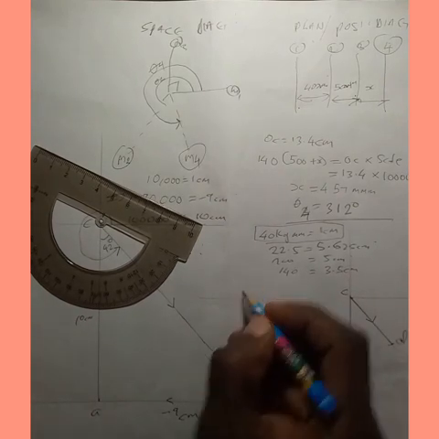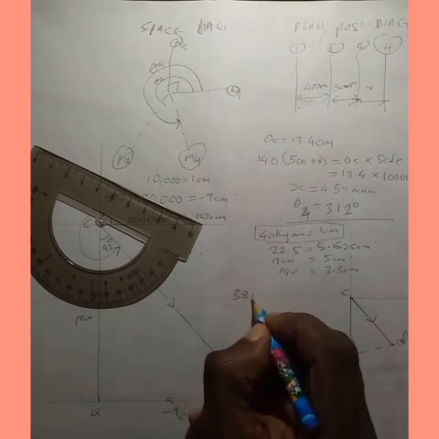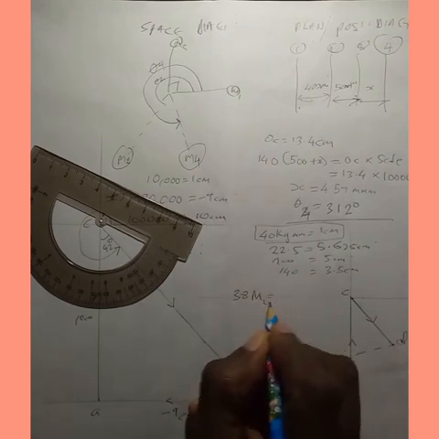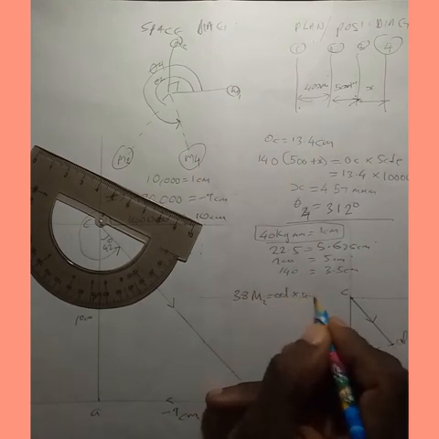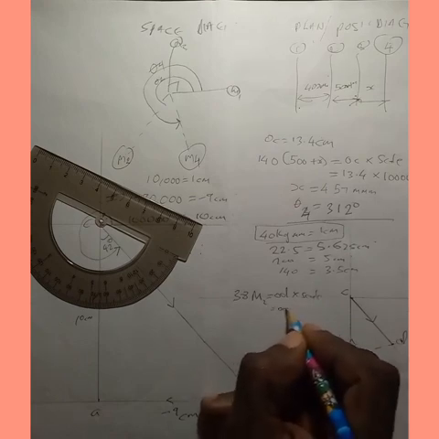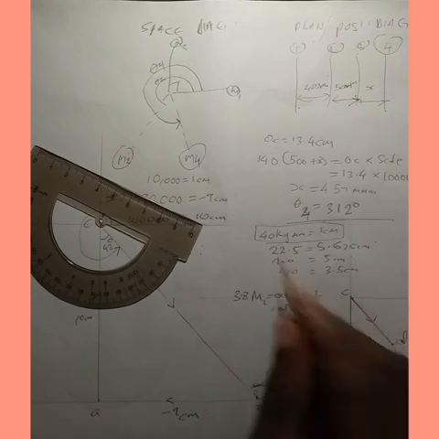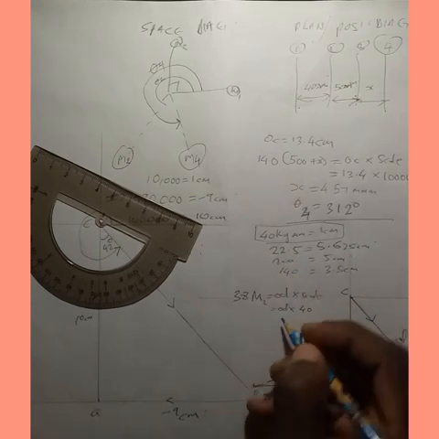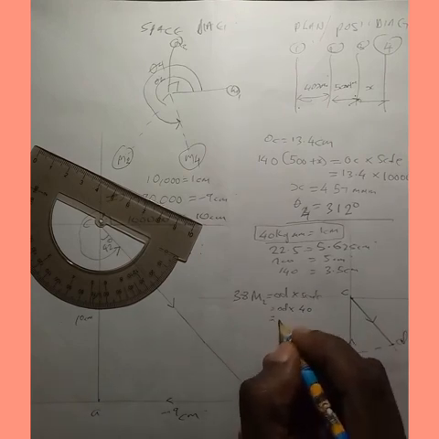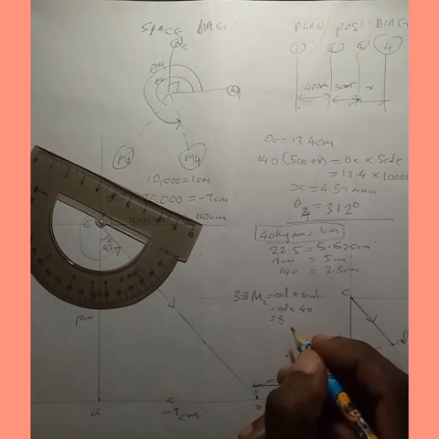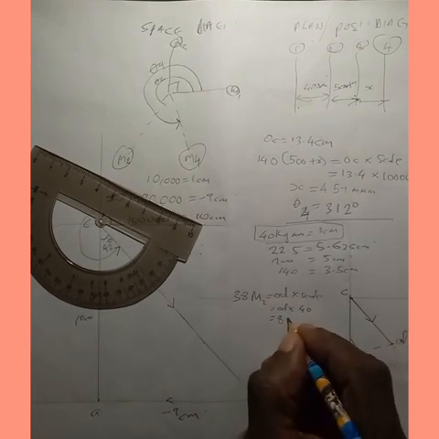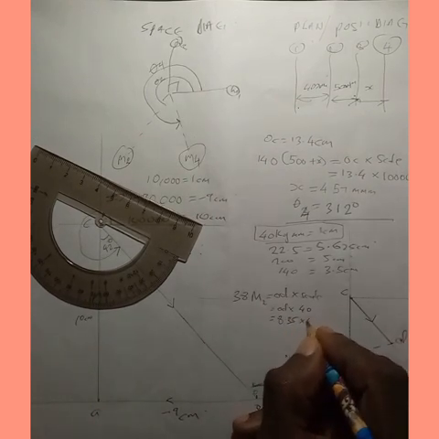Now we are trying to get the mass M2. That means 38 M2 is going to be OD multiplied by the scale, which is 40. And what is OD? OD is 8.35, multiplied by 40.